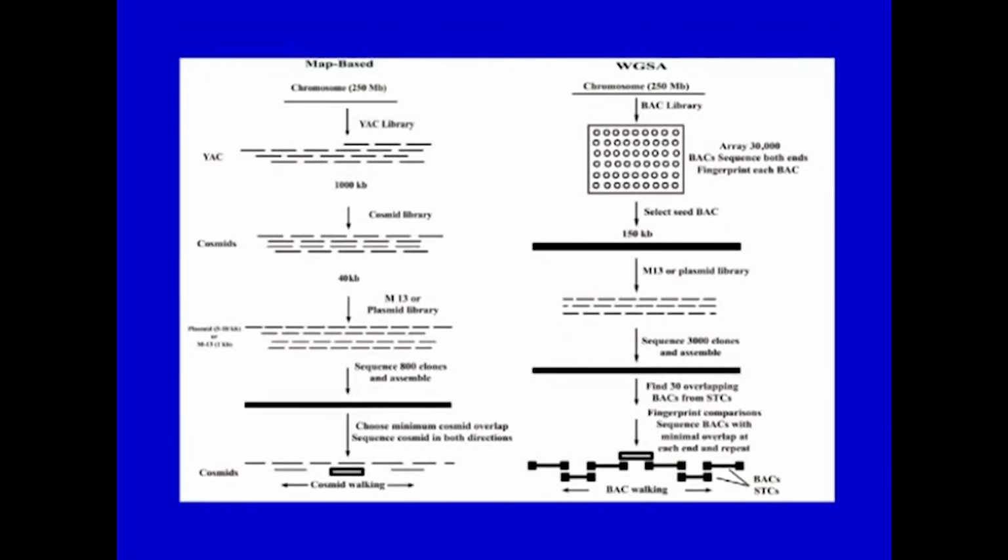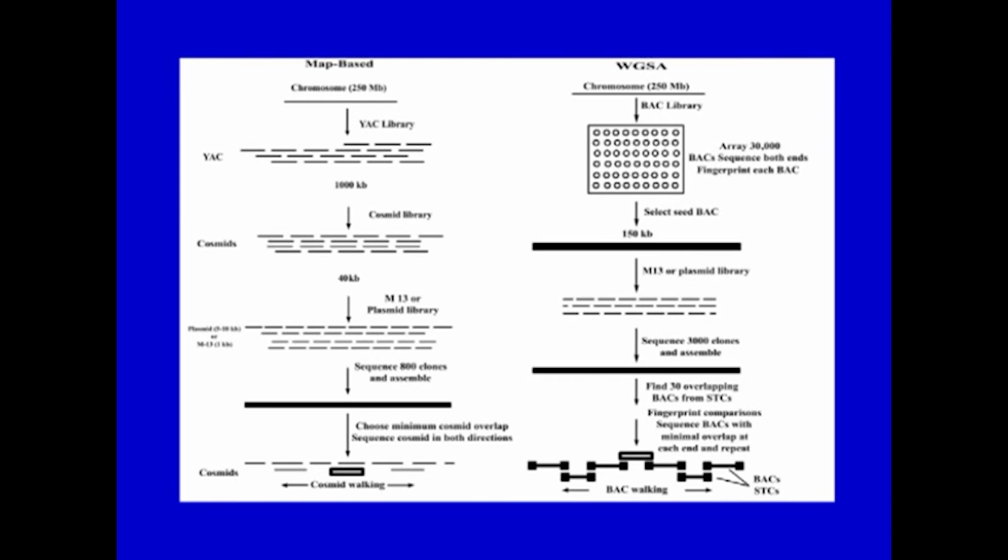So, these are the two strategies compared. In the map-based strategy, like we have discussed, there is a chromosome of 250 million base pairs. First a yeast artificial chromosome library is made, and then a cosmid library is made, and then they are fragmented and cloned into an M13 or plasmid library, which are then chosen to be sequenced, and then cosmid walking is performed, and finally the sequences are obtained and properly arranged.